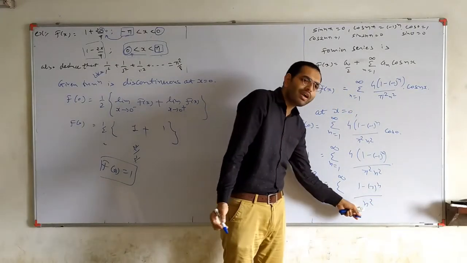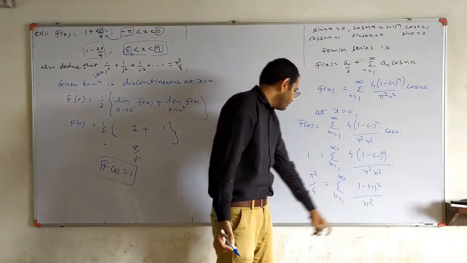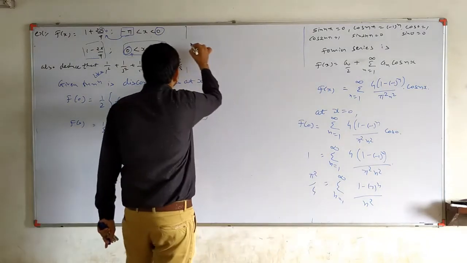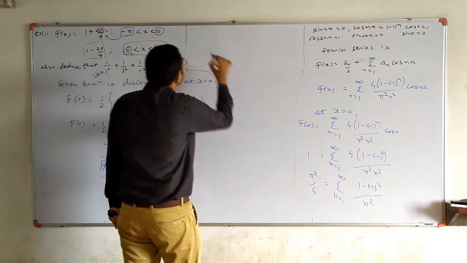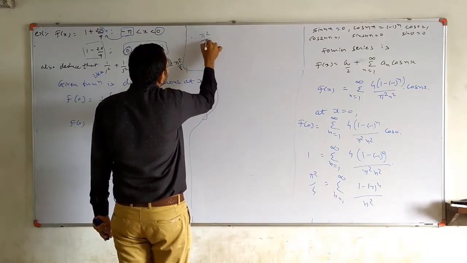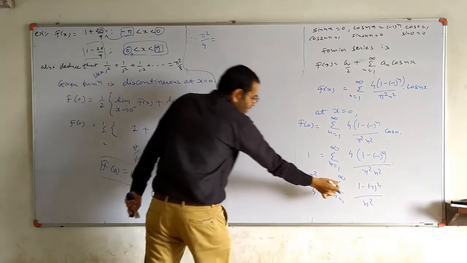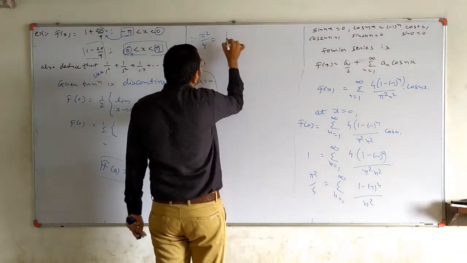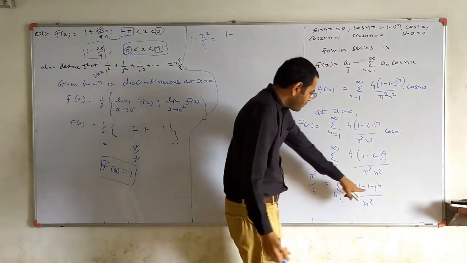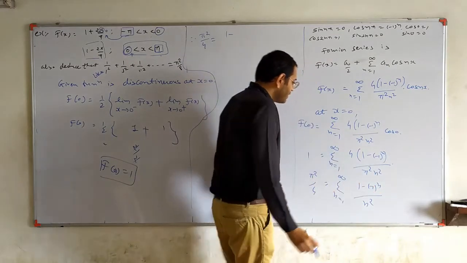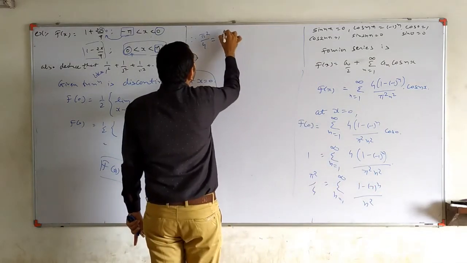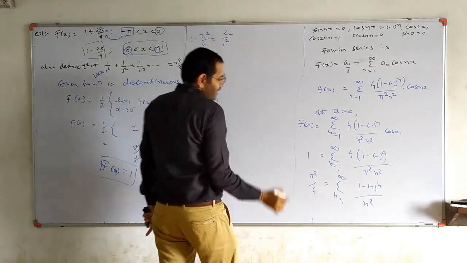Now just expand this term, substituting n equal to 1, 2, 3 and so on. Then we get pi square by 4. Substituting n equal to 1, 1 minus 1 raised to 1 is 2, so we get 2 by 1 square.